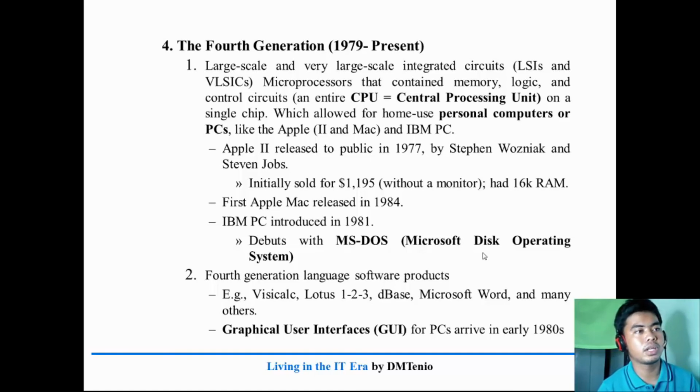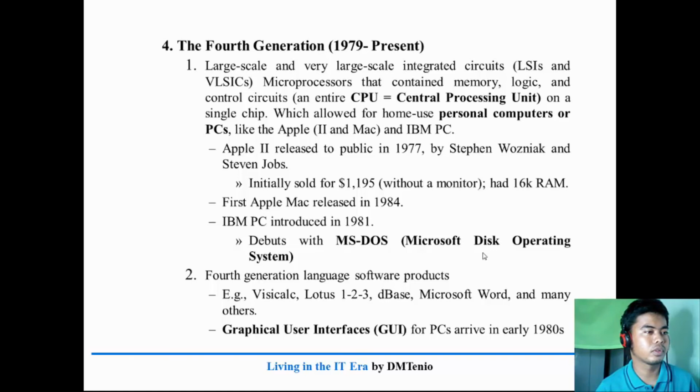We have large scale and very large scale integrated circuits, LSIs and VLSIs, microprocessors that contain memory, logic, and control circuits and the CPU, central processing unit, on a single chip, which allowed for home use personal computers or PCs like Apple Mac and IBM PC. Even though we have AI in the fifth generation, it is not yet fully operational or fully functioning. So even today, the microprocessor is still what we use.